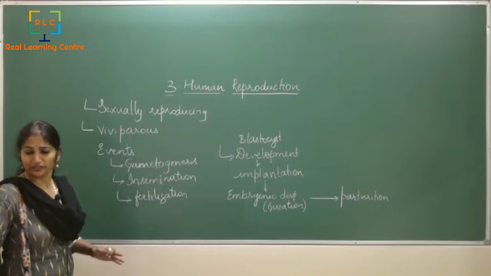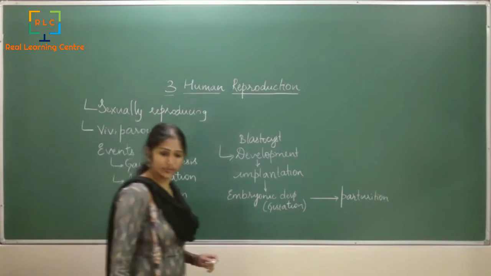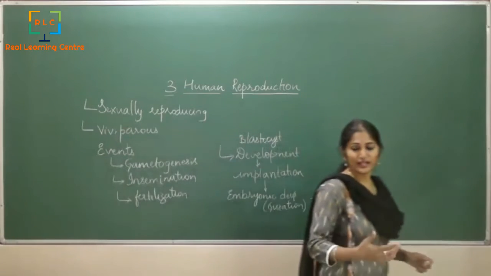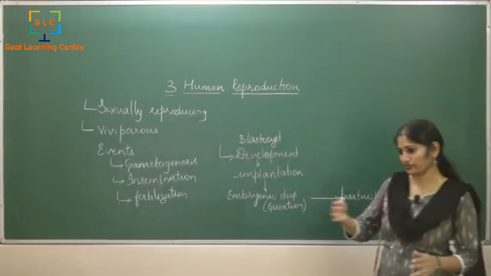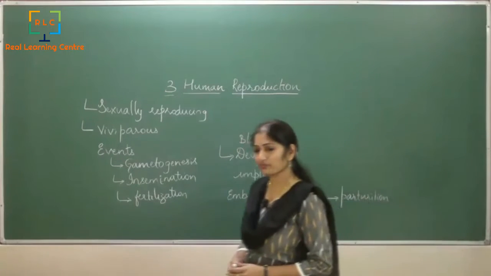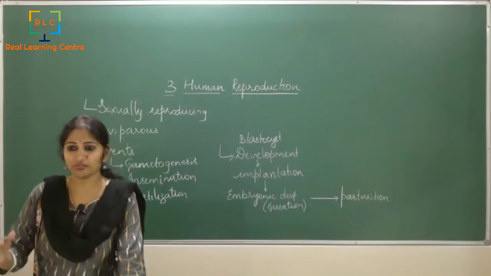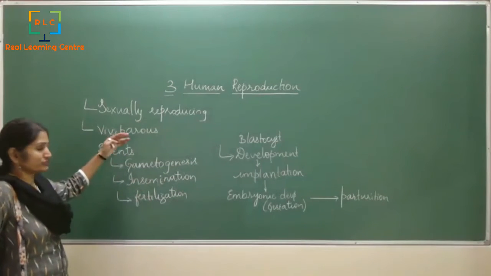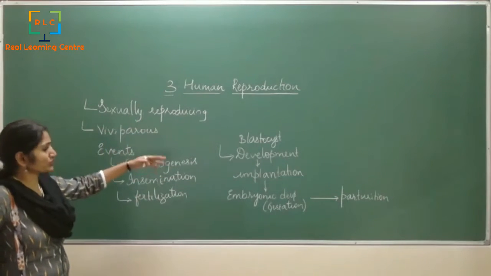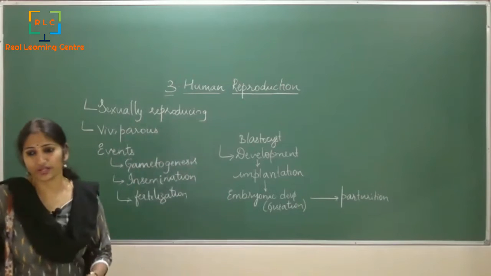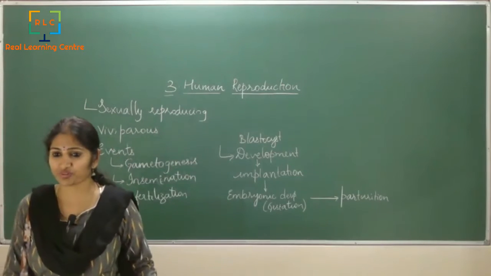Looks very complicated, but actually speaking, this is one of the miracles of the entire animal kingdom, where you see there is sexual reproduction, okay? Somehow there would be formation of gametes which would fuse together and give rise to the new young ones developing inside, right?